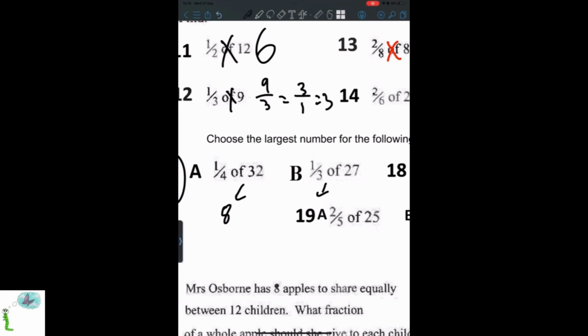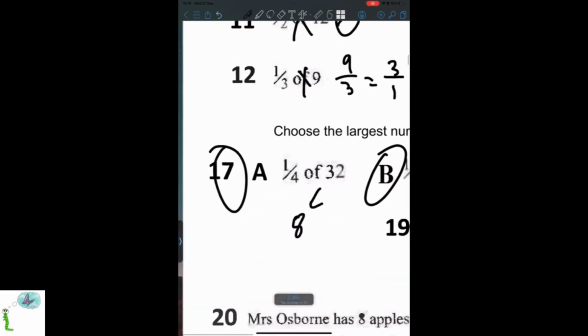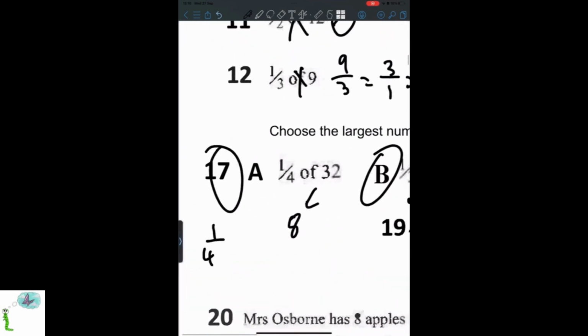It's 9. So which number's bigger? B. And obviously, like I said, you can do the one that we just did above, or you can just change the of to a times symbol. And you're going to get 32 over 4, and you're still going to get 8, because when you simplify it, it'll be 8 over 1.